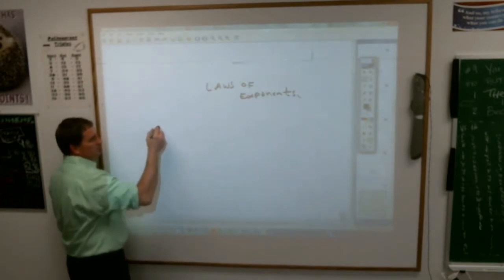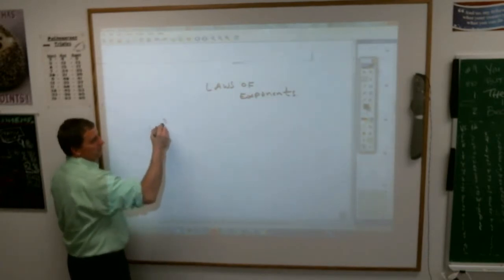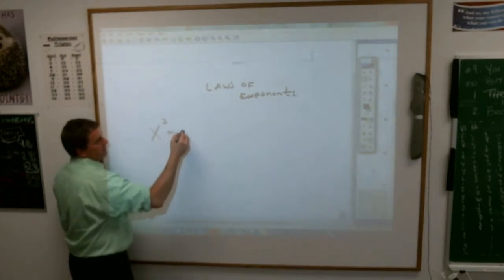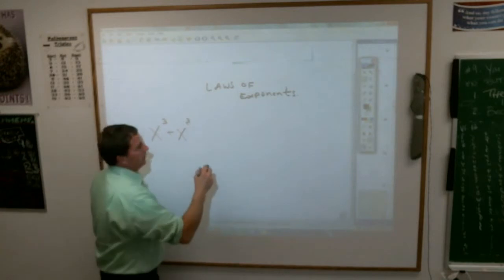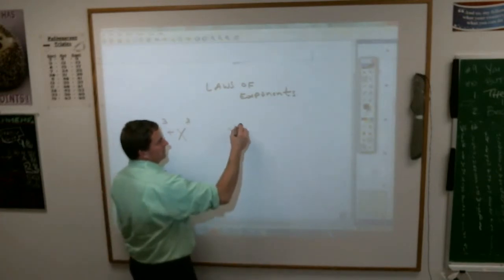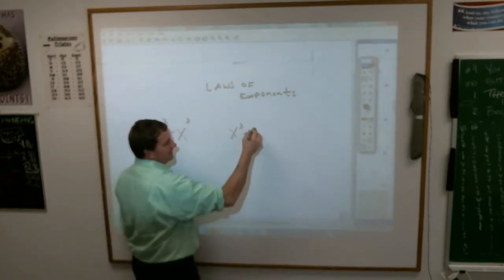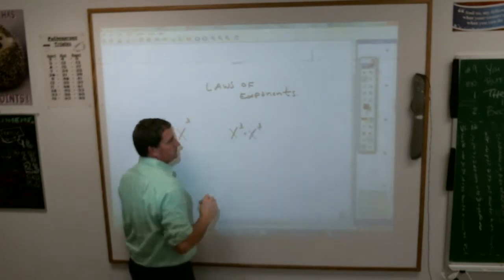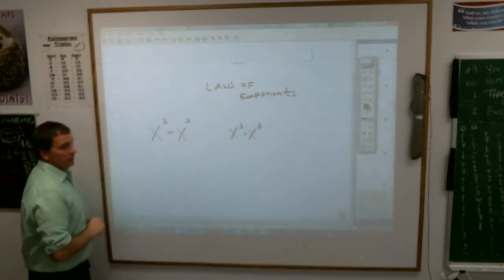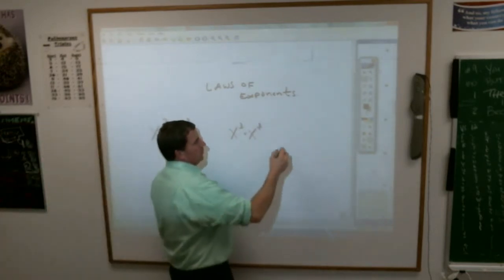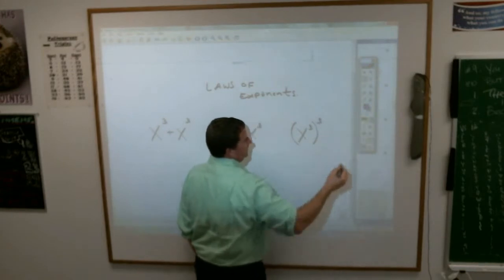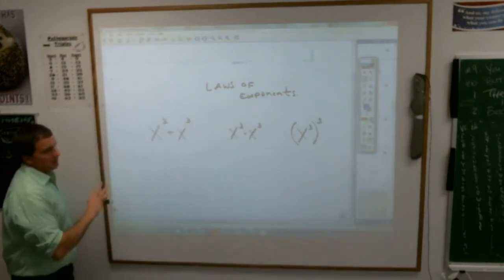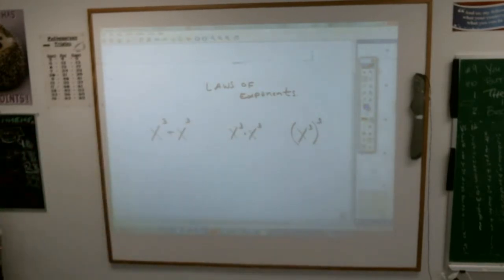What is the difference between when I have x to the third power plus x to the third power, or x to the third power times x to the third power, or the last one, x to the third power all to the third power? People get those mixed up because they're not the same.